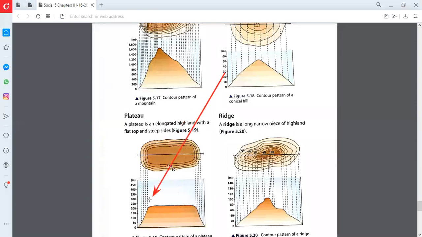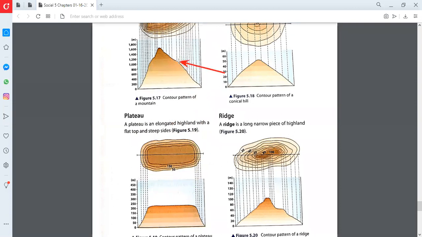Elongated means it's a long one. It looks like a mountain, but it's not a mountain, because at the top it is flat. There is no peak at the top, and it has sharp edges, sharp sides.